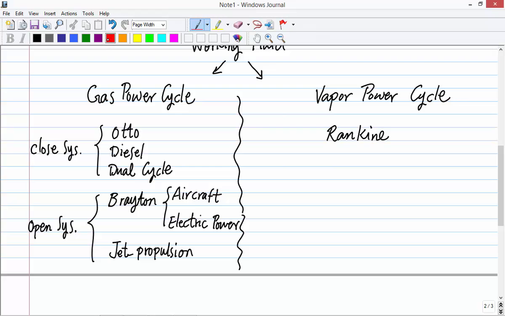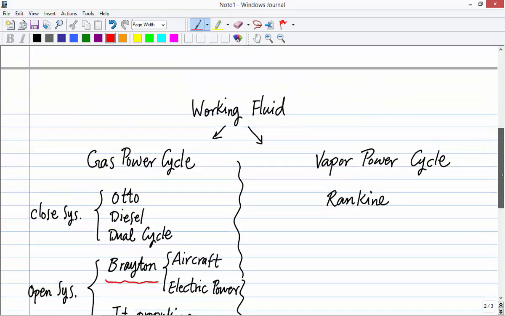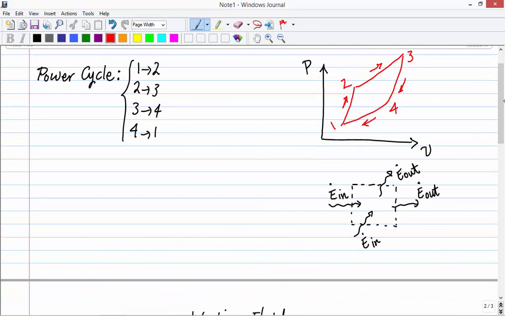So in this lecture, I'm gonna talk about Brayton. You might have heard of the Carnot cycle. That is something else. That is the most efficient cycle, or in other words, the most efficient combination of different processes that gives us the best efficiency.